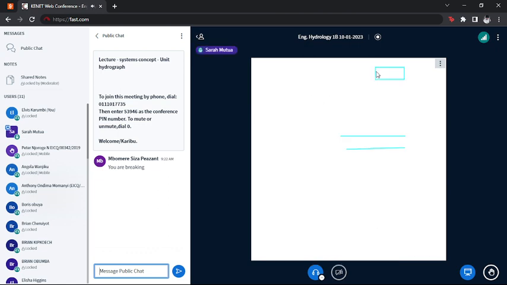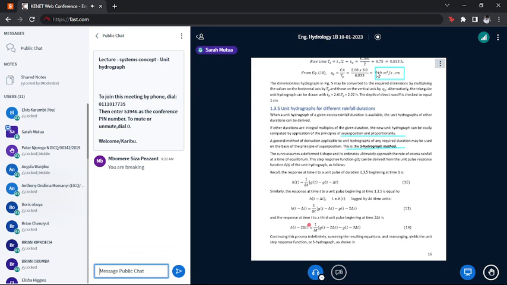Why do we have dt on this part? What we have done, we want to make g of t the subject.